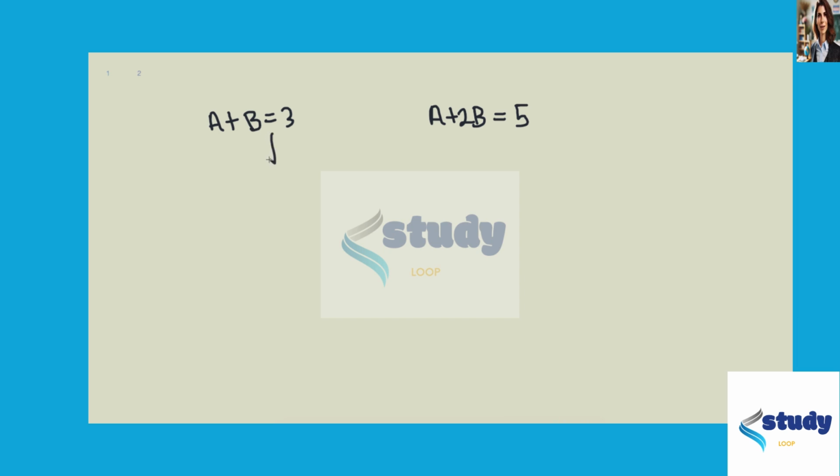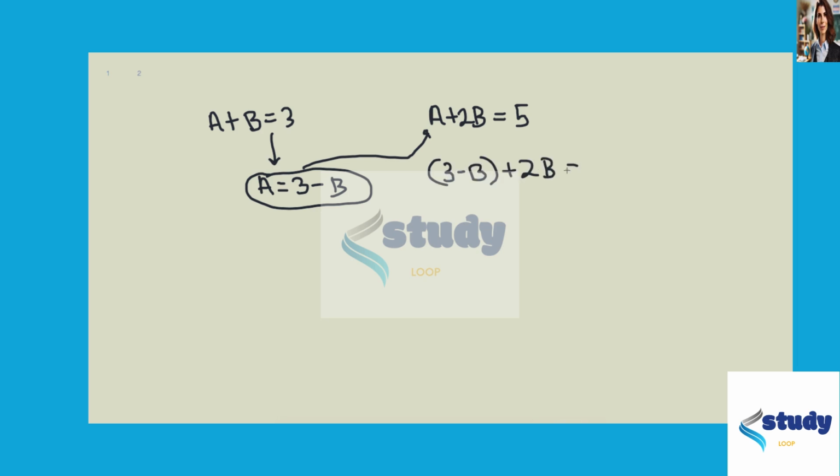If we take the first equation, solve it for a, and then plug this a value into the second equation, we get 3 minus b, that's our a, plus 2b equals 5. And then just simplify this, and we have b equals 2. Plugging this into a, we have a equals 3 minus 2, which is 1.